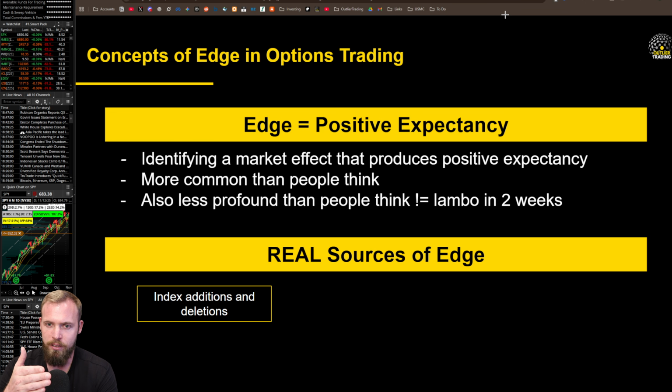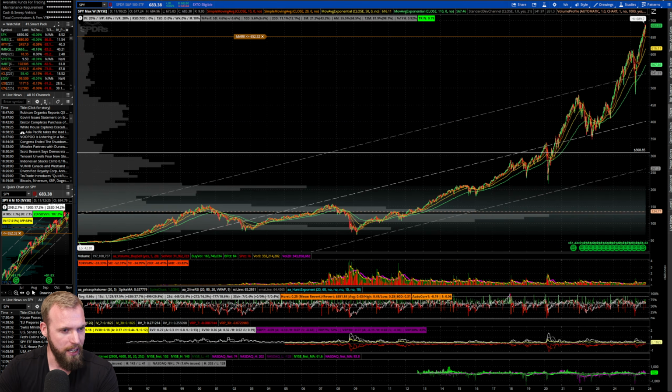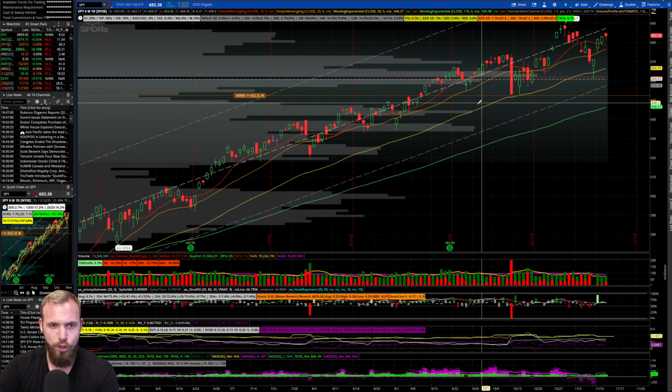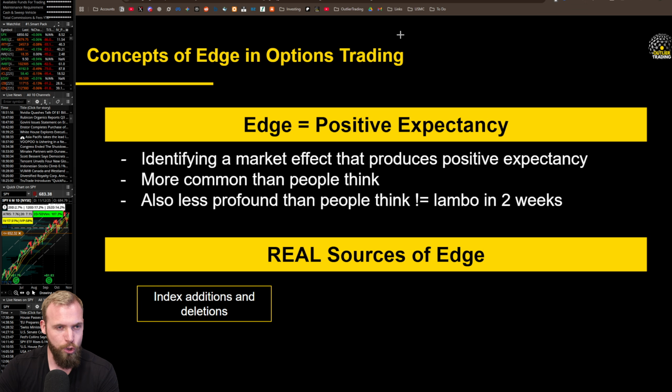What does that mean? The market at a base level operates on supply and demand. If there is enough demand, that's going to push price up. So being added to an index typically does that. Same to the inverse for deletions. If something is removed from an index, it typically goes down.